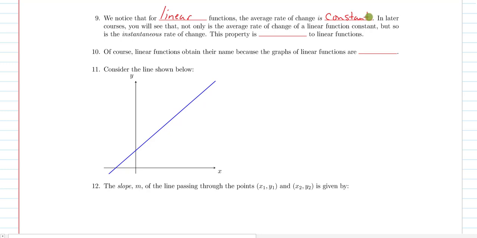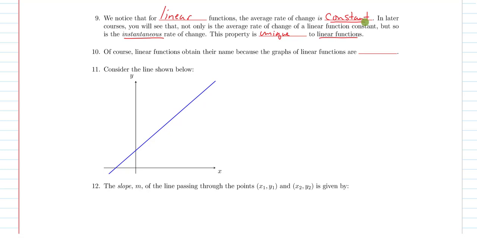In later courses, you'll see not only is the average rate of change for any linear function constant, but it's also what's called the instantaneous rate of change. This property is unique to linear functions. They are precisely the functions. So in fact, it is the fact that linear functions have a constant rate of change that's actually what makes them linear, now that we've learned this.